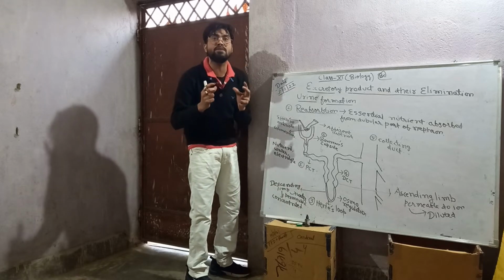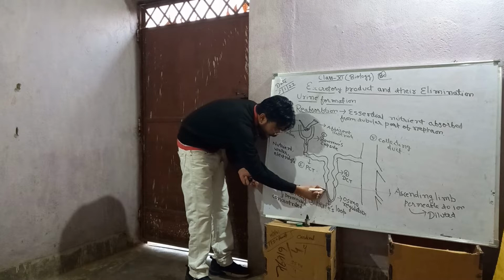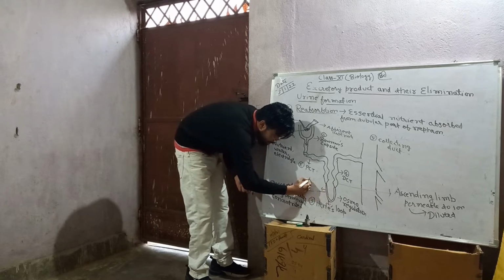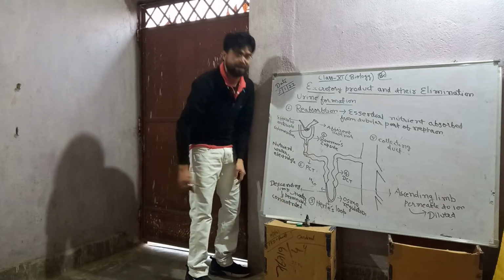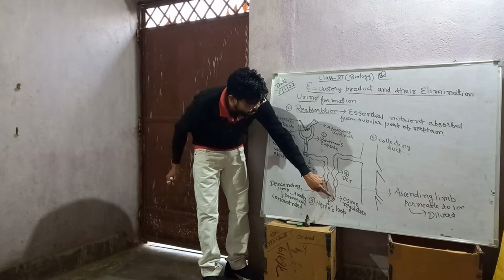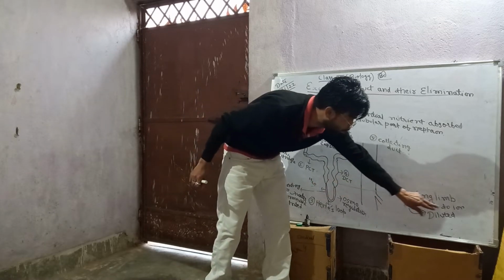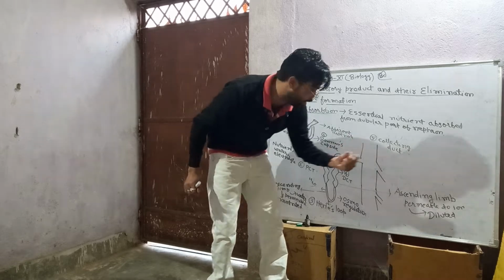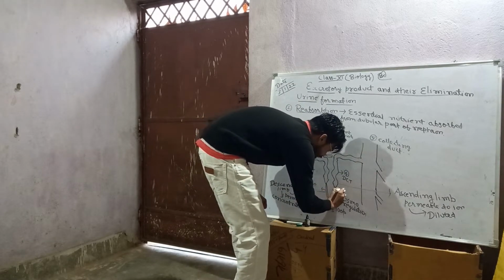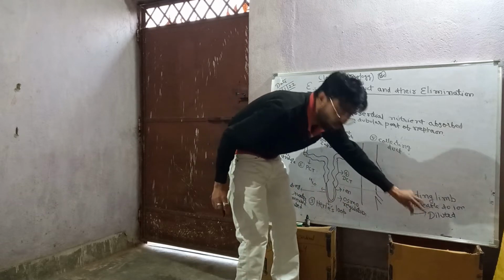When it is permeable to water, the water is absorbed here and the filtrate becomes concentrated. After that, when it moves to the ascending limb, it is permeable to ions. When the ions are absorbed here, the filtrate again becomes diluted.